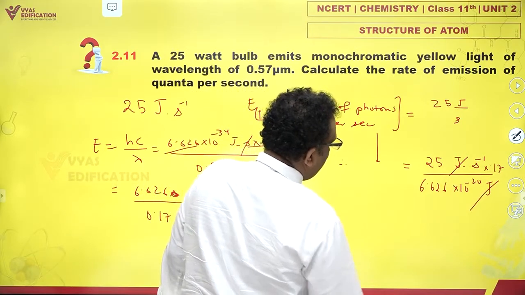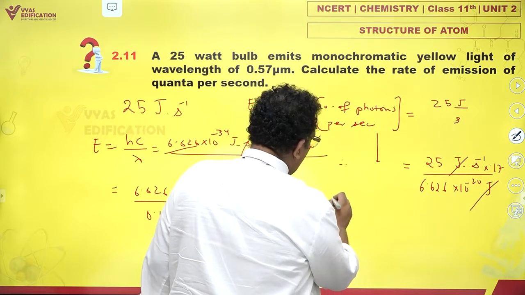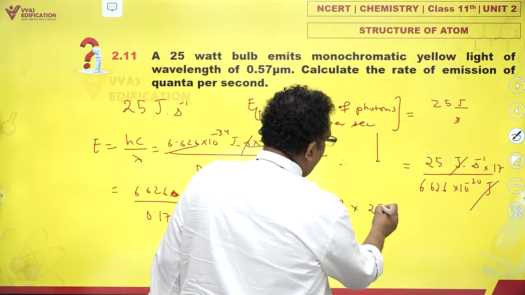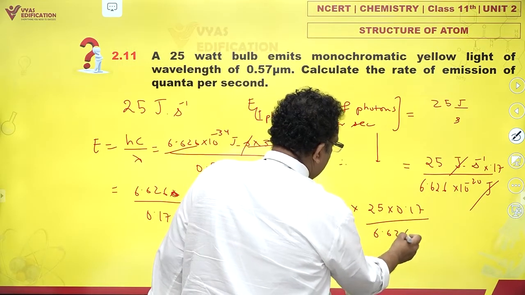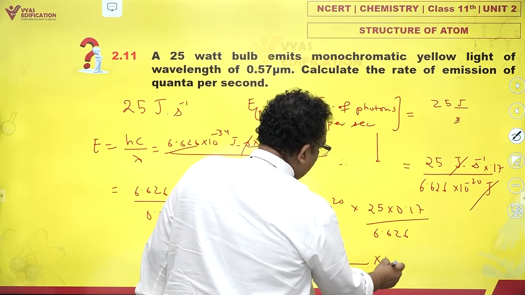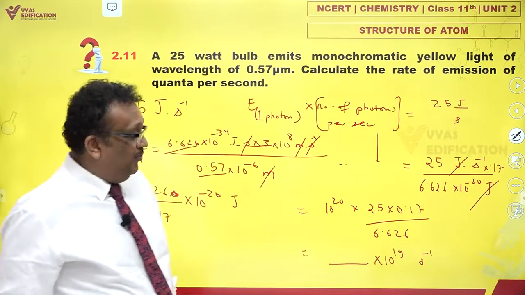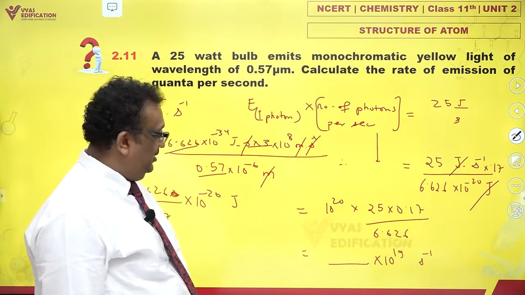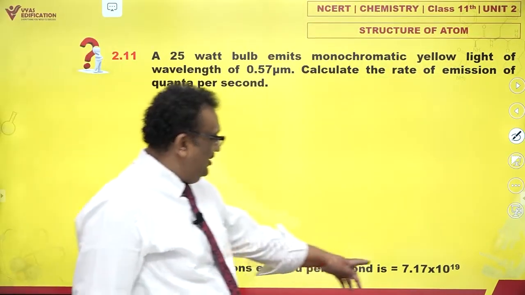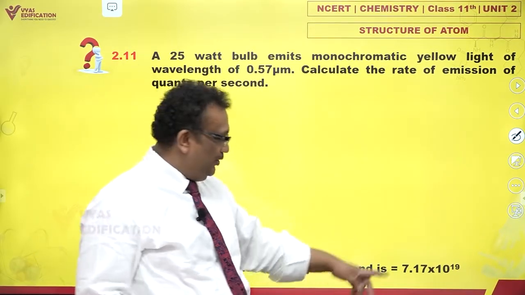Multiply, divide: 10 to the 20 into 25 into 0.17 by 6.626, something in terms of 10 to the 19 per second. These would be the number of photons emitted per second. It comes out to be 7.17 into 10 to the 19. You calculate that accurately and you get that.